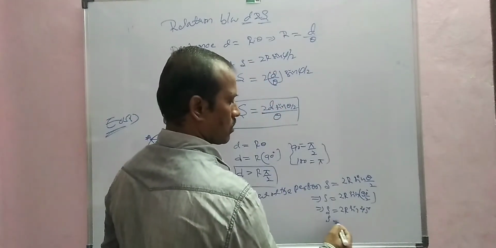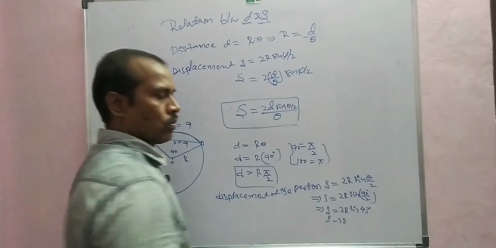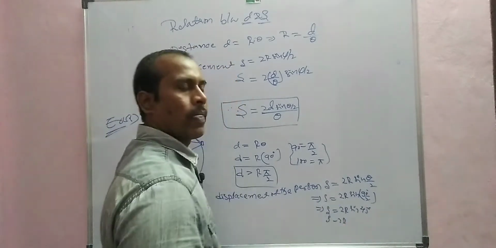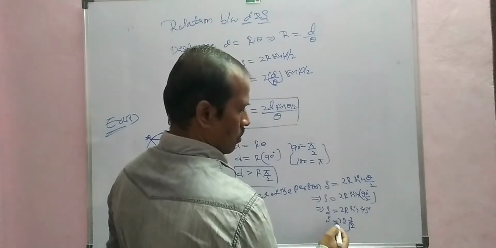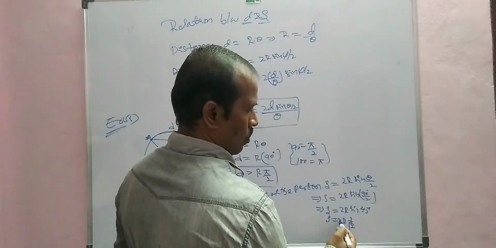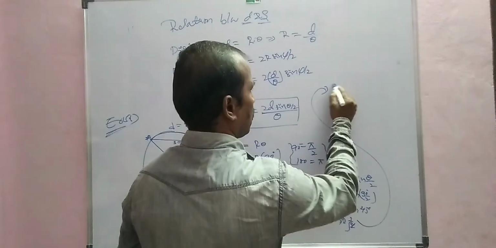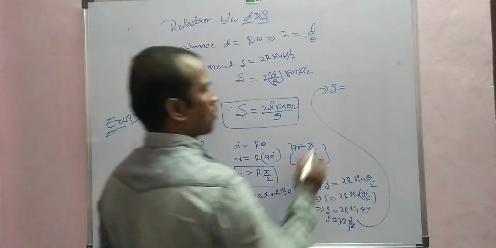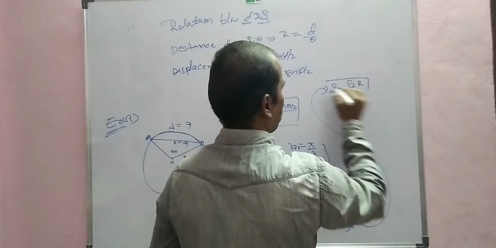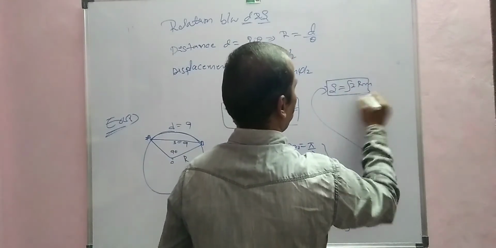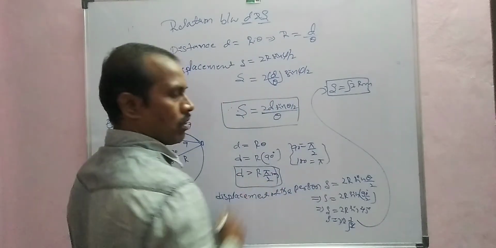So s is equal to 2r sin 45, and sin 45 is equal to 1 by root 2. The 2 cancels with the root 2, so the displacement of the person is root 2 r meters. The units are meters.